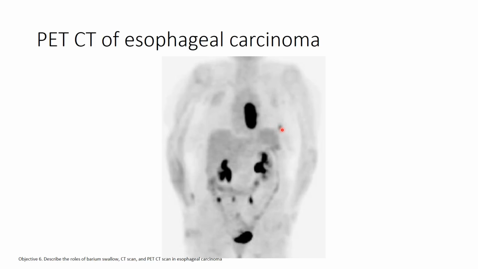This would be unlikely to be a metastasis, number one, because it's not hot enough, it's not black enough. But number two, this is not where esophageal carcinomas tend to metastasize first. But anyway, PET-CT scan can be very useful for both staging and to evaluate responsive therapy.